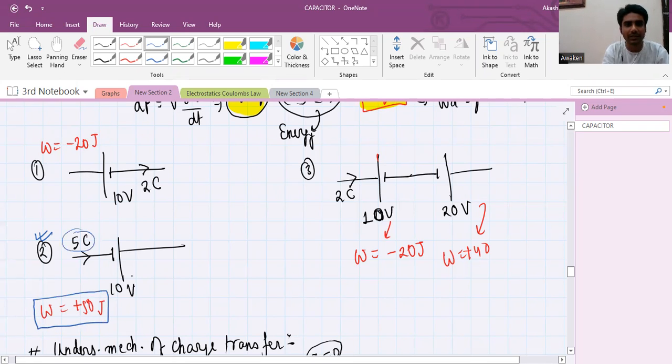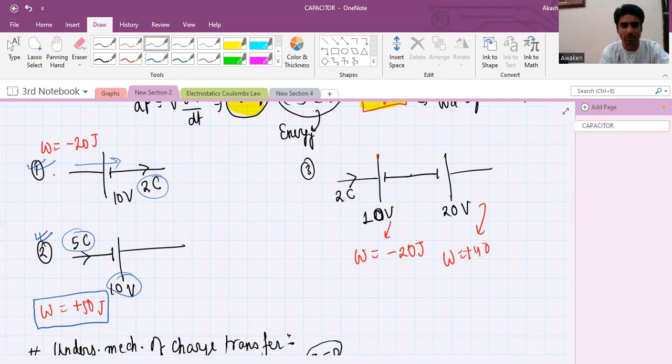Charge multiplied by V. Similarly, in question number 1, when 2 coulomb charge is flowing from positive to negative terminal, opposite, in that case work done by the battery is negative. The battery is getting charged actually. The battery is getting energy, it's not used. So the work done is minus 20. Again, Q into V. Yes or no? We have discussed this. Yes, sir.